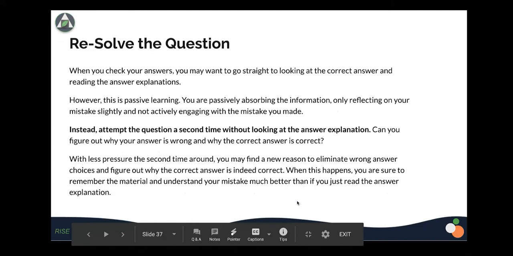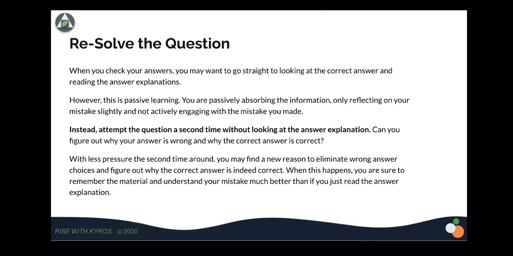Okay, and then another important thing is you can try resolving the questions when you check your answers. When you check them, you might want to go straight to the answer and how the answer key does it. But this is also passive learning, because you're just looking at the information instead of trying to do it yourself. So instead, try to attempt the question a second time after looking at the correct answer, but without reading the answer explanation.